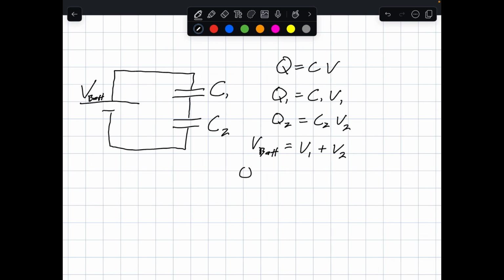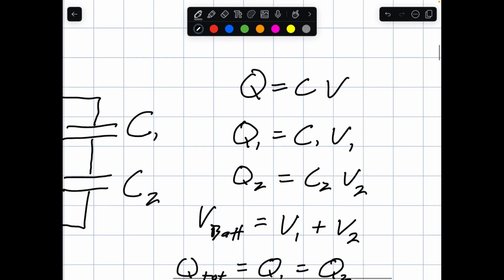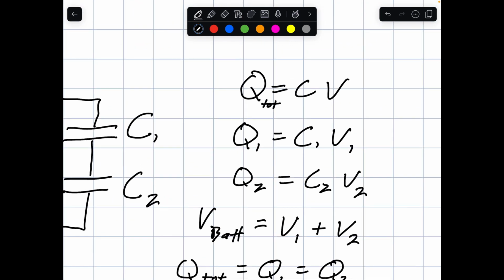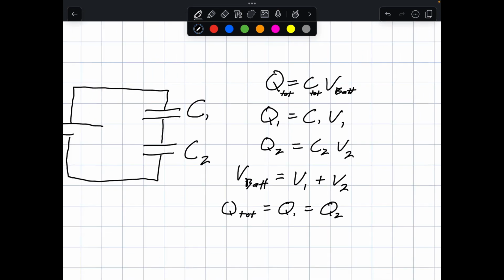And so Q, let's call it Q total, is equal to Q1, which is equal to Q2. Another thing to add here is that we have Q equals CV. So Q total is equal to C total times V bat, which is kind of the total voltage.